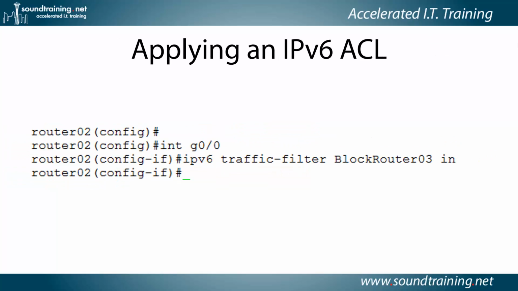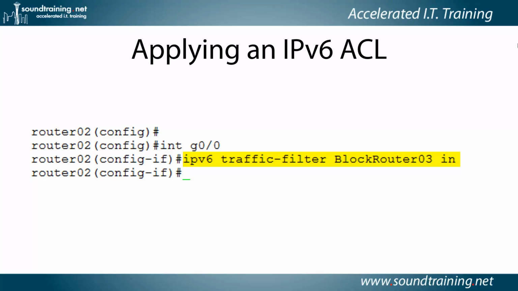statement. Now, once you've configured the IPv6 ACL, just like IPv4, you have to apply it to an interface, but here's where syntax differs considerably. So we go into interface configuration mode. In this case, I went to interface G0/0, and I use the command ipv6 traffic-filter, then the name of the list, and in or out.